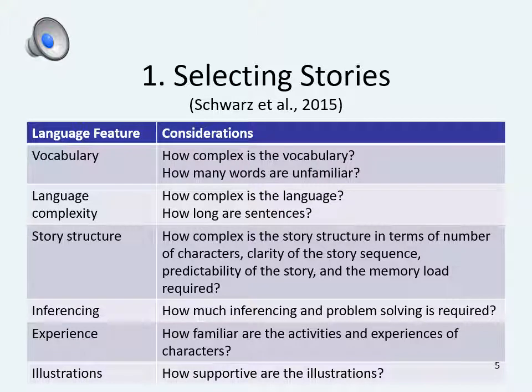So let's talk about some ways of selecting books. How do we go about selecting books? There's a wonderful article by Schwartz and her colleagues that gives a great deal of evidence for what kinds of features in books cause them to be more difficult or less difficult, more challenging or less challenging.